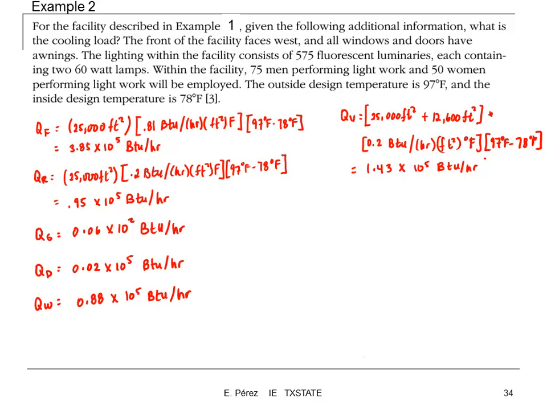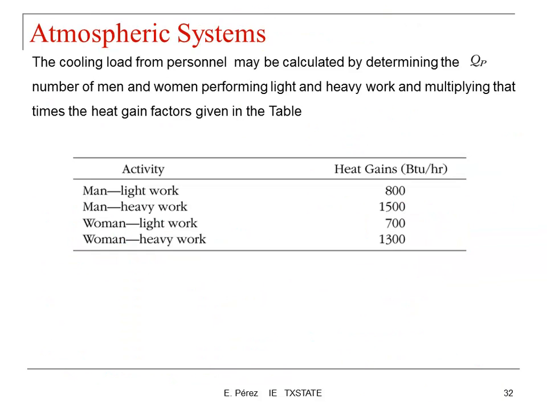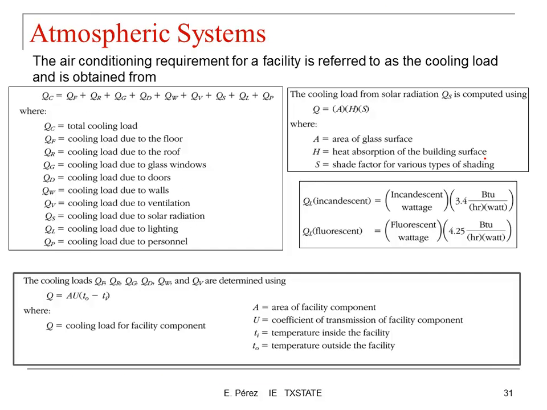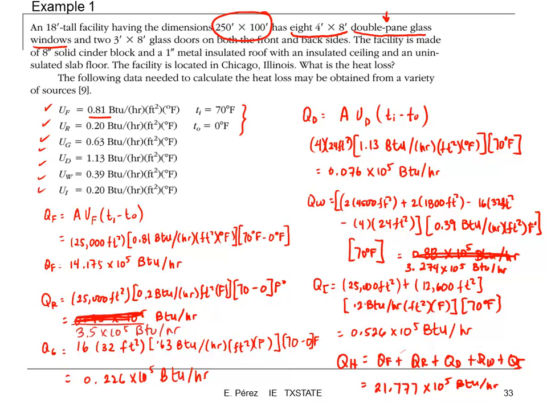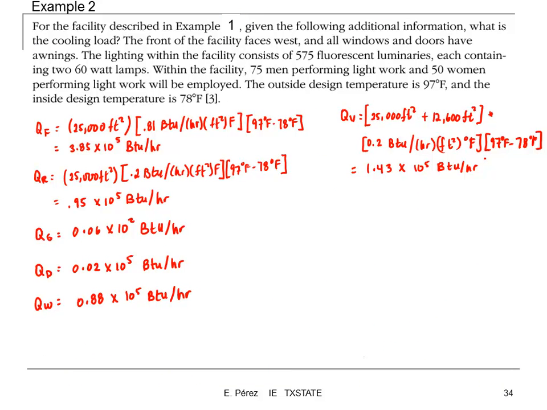Okay, so now we move to the new parameters for the cooling. So we have QS, and for this we need to get some extra information for the location. So QS is the cooling load due to solar radiation. So let me move to the next slide, I think it's going to be more space.